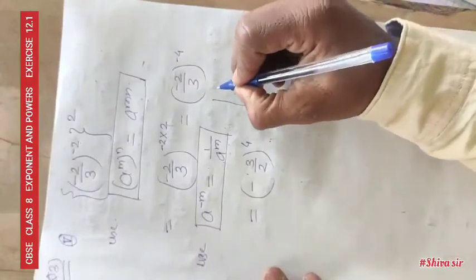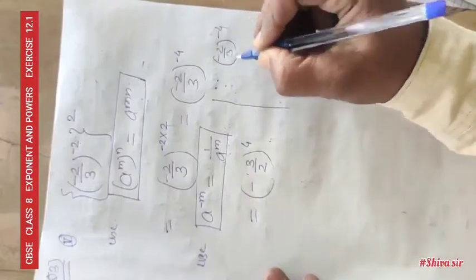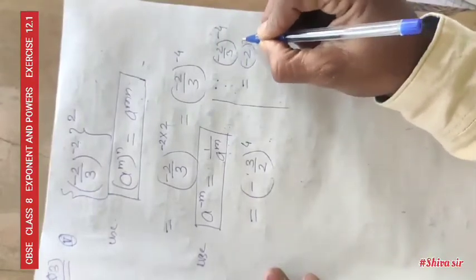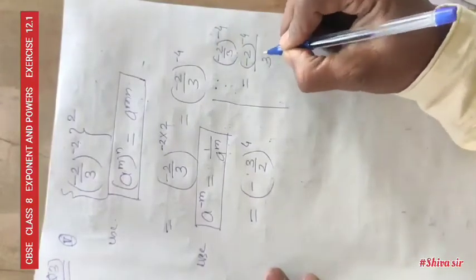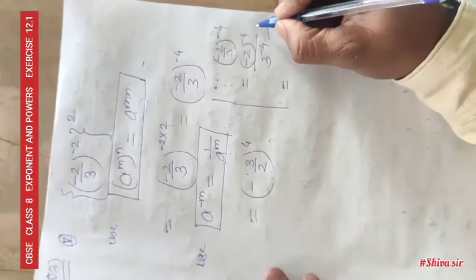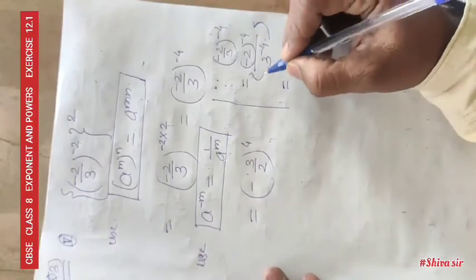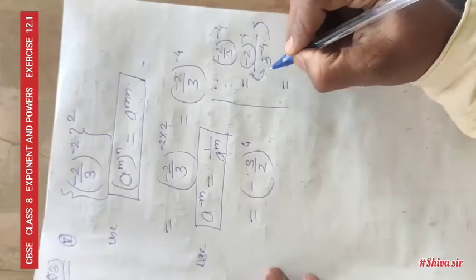Just concentrate here: minus 2 upon 3 raised to the power minus 4 is minus 2 raised to the power minus 4 and 3 raised to the power minus 4. Using this formula we make the multiplicative inverse, so the numerator is transferred into the denominator and the denominator is transferred into the numerator.